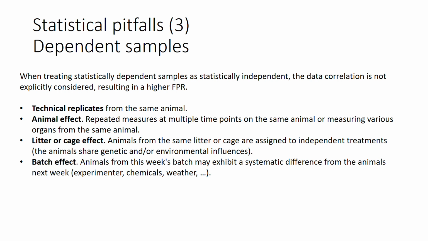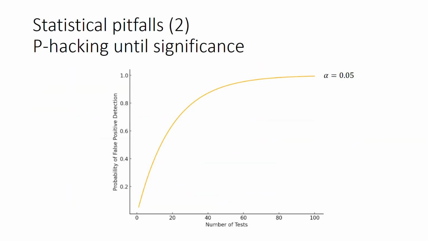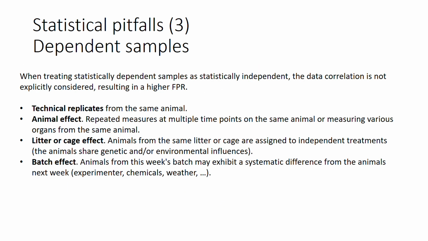Then we may have dependent samples. This is something that you can design from the beginning, how you will analyze your data. Don't change that analysis plan. Something else you can do from the very beginning is to identify whether you will have dependent or independent samples. All the statistical tests assume that the data is statistically independent, and they don't account for the data correlation.